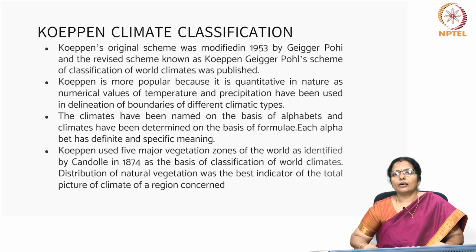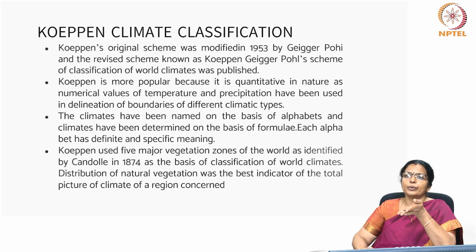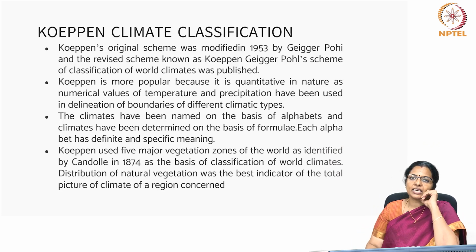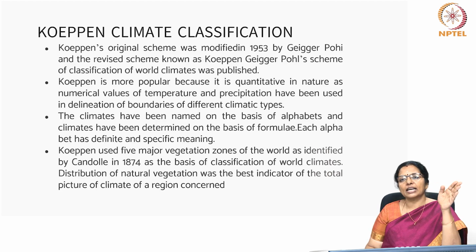Now let's look at the Koppen climate classification. Delving into the Koppen climate classification system, it is a method which is used to categorize different climates around the world. Originally, this was developed by Koppen, but later this was refined by Geiger and Pohl in 1953.